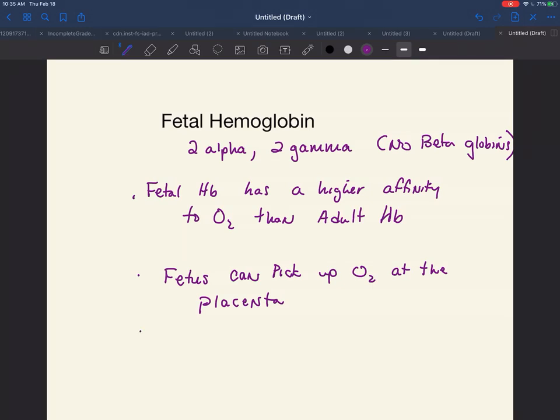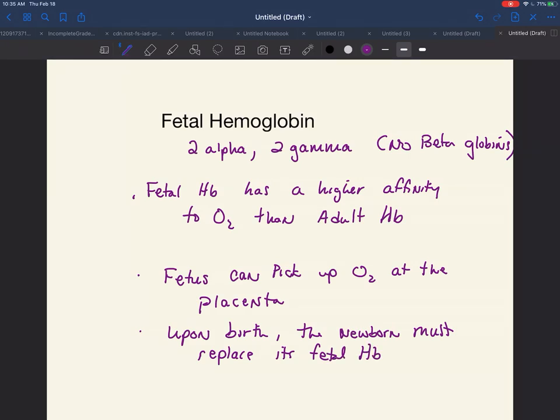And this actually is an issue because upon birth, the newborn must replace all of its fetal hemoglobin with adult hemoglobin.